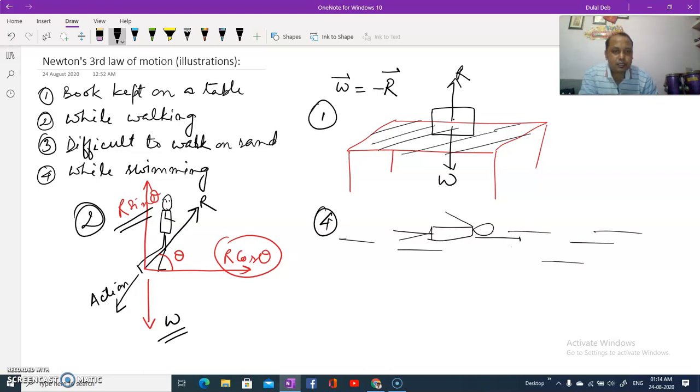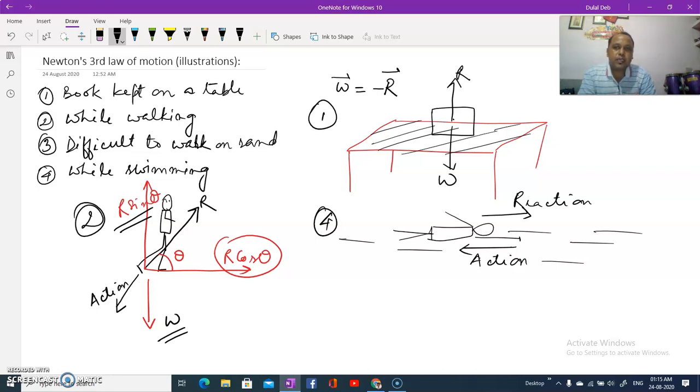The person moves the hand in the backward direction so that he gets a reaction in the forward direction. This is the action of the hand in the backward direction, so he gets a reaction in the forward direction, and that's why he moves in the forward direction. So this is all about action and reaction, because of which the motion is possible.